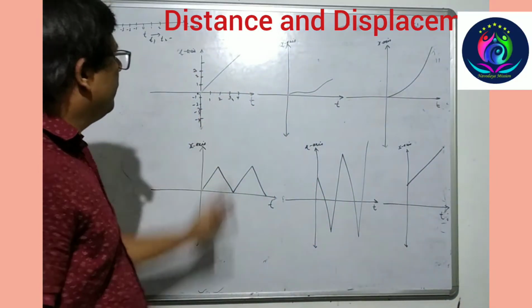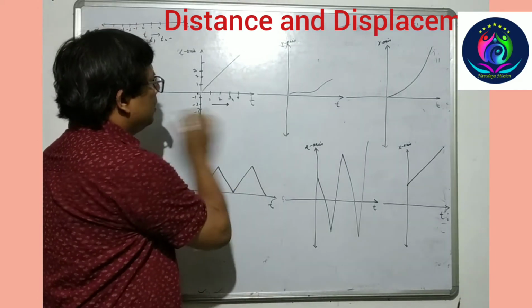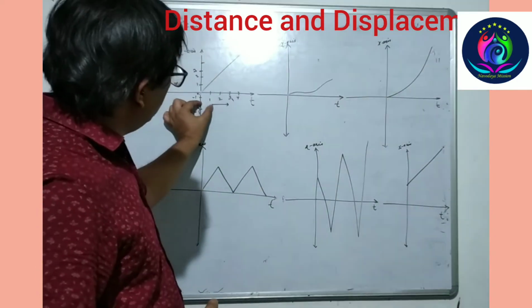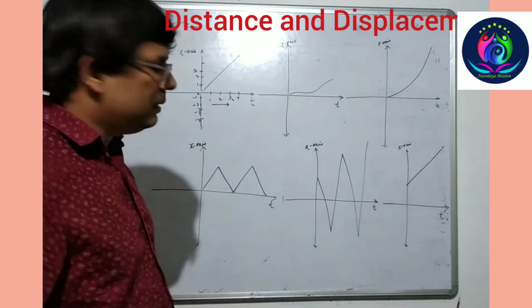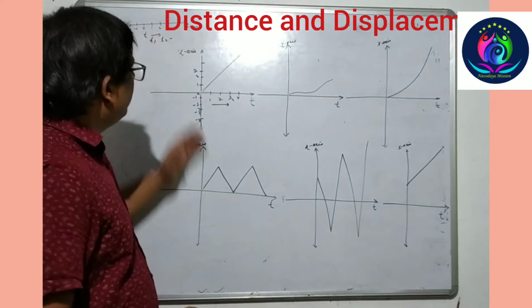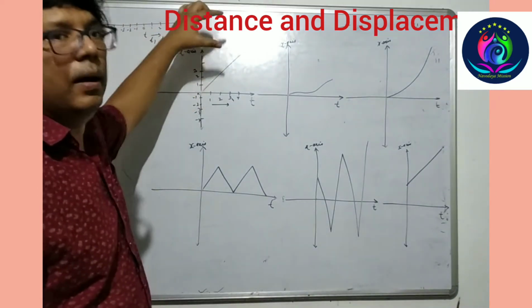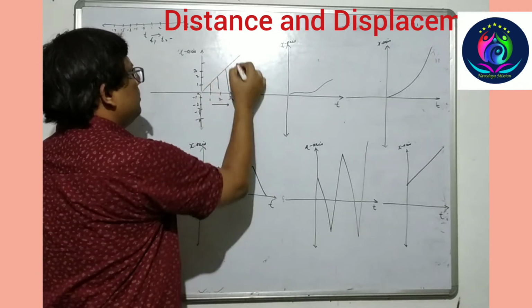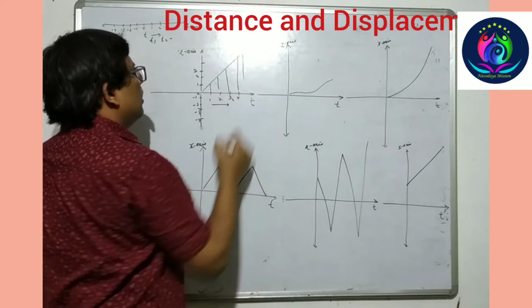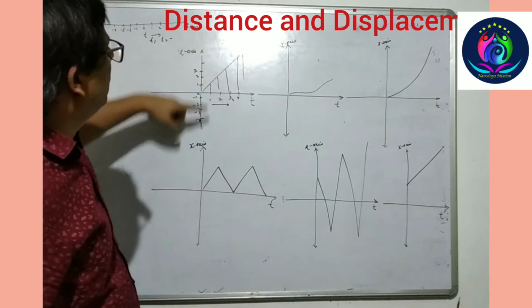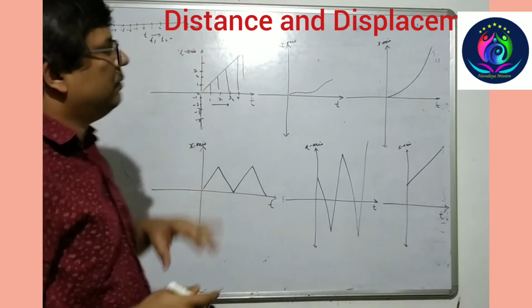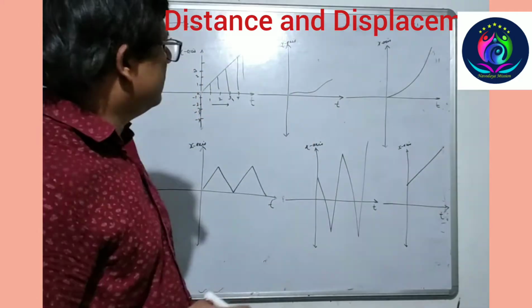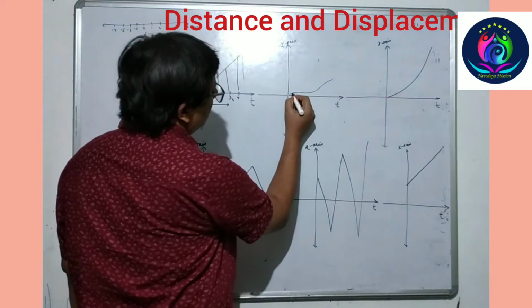Here we are seeing that when more time is spent, like 1 second, 2 seconds, 3 seconds, the distance is also moving up. So we can say that this graph may represent distance versus time. Let us consider this one. What is happening here?